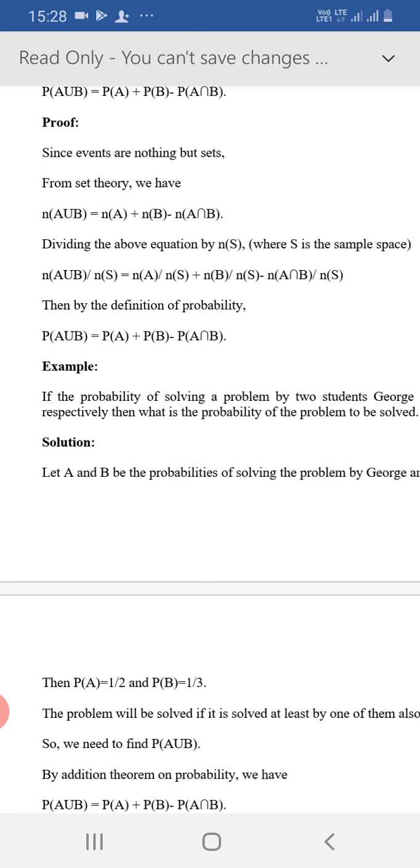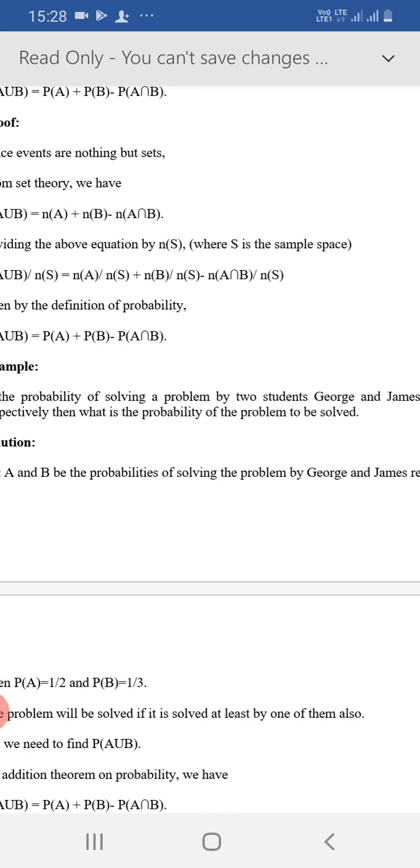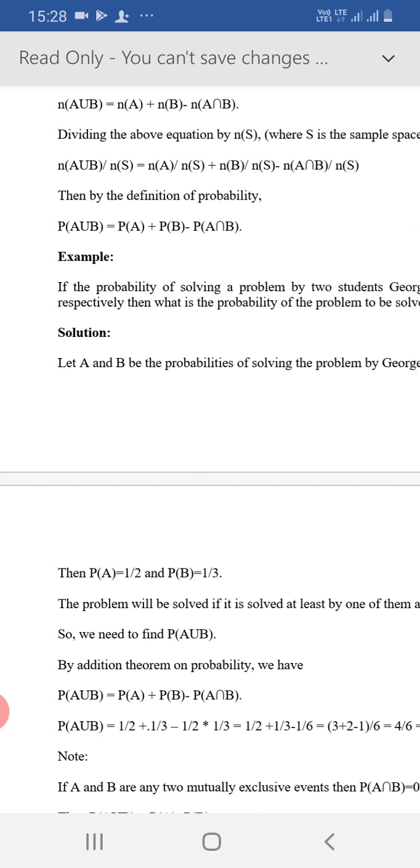Then P(A) is equal to 1 by 2 and P(B) is equal to 1 by 3. The problem will be solved if it is solved by at least one of them. So we need to find the probability P(A union B).